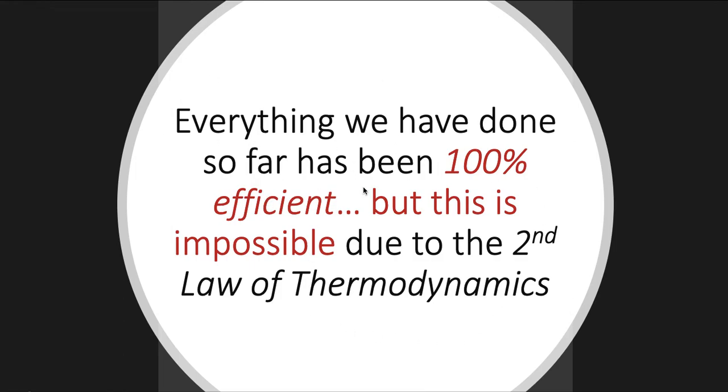In the problems that we've been doing so far, we've been assuming that we have 100% efficiency, but that is not true. That is not possible due to the second law of thermodynamics, and we're not going to get into why that is, but we can never get 100% efficiency. Think perpetual motion, right? We cannot get 100%.